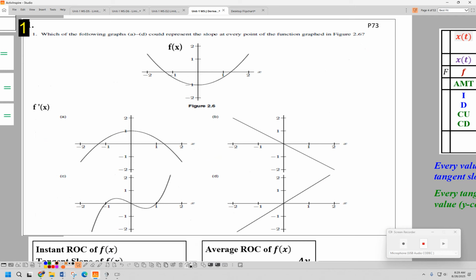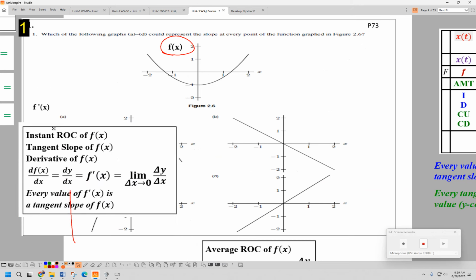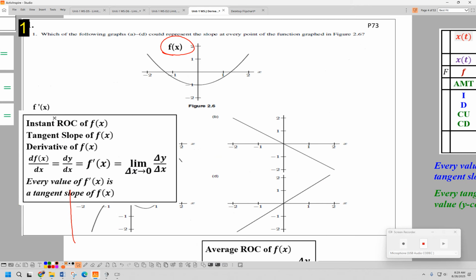This up here is the set of xy pairs that they are calling f of x. And we just showed how, at least with a computer, we'll worry about doing it manually later, you can find the instantaneous rate of change or tangent slope or derivative of those xy pairs.